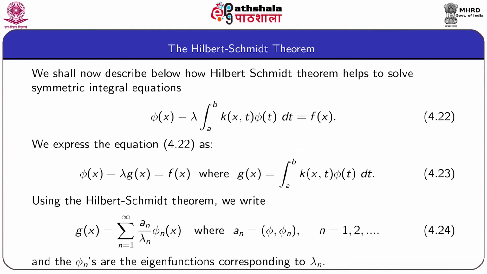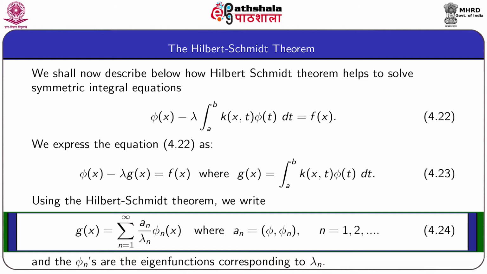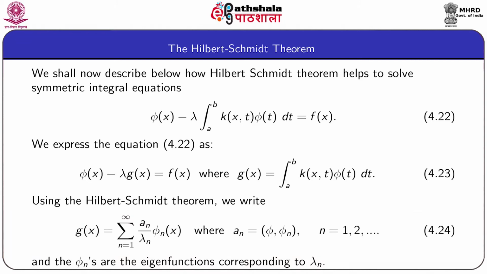Now using Hilbert-Schmidt theorem, we can write this function g(x) in the series form as g(x) equal to summation n equal to 1 to infinity a_n phi n(x) by lambda n, where a_n is the inner product of the functions phi(x) and phi n(x), and phi n(x) are the eigenfunctions corresponding to eigenvalues lambda n.